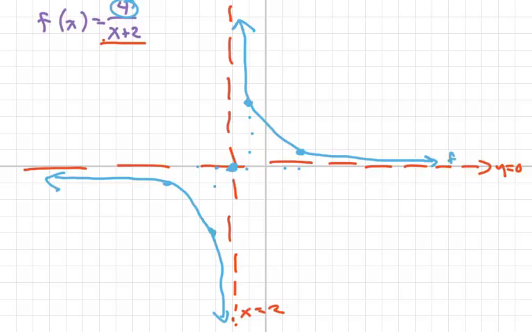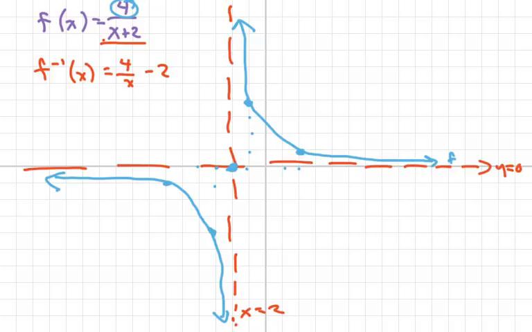Now for the inverse, if I rewrite it, the inverse is 4 over x minus 2. So this is a shift down by 2.